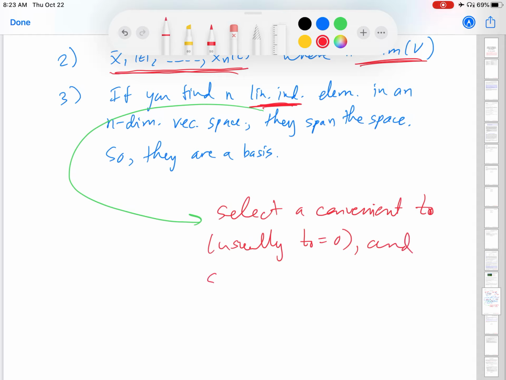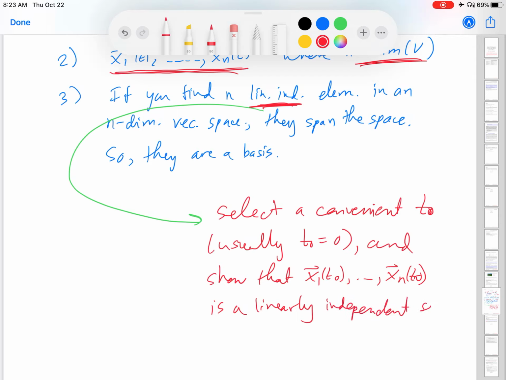And show that when you substitute it into the solutions that you have, the vectors that you get, you want to show that this is a linearly independent set of vectors. That completes the argument, right?